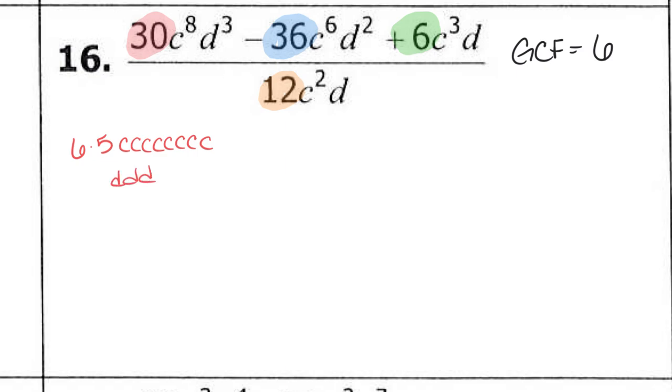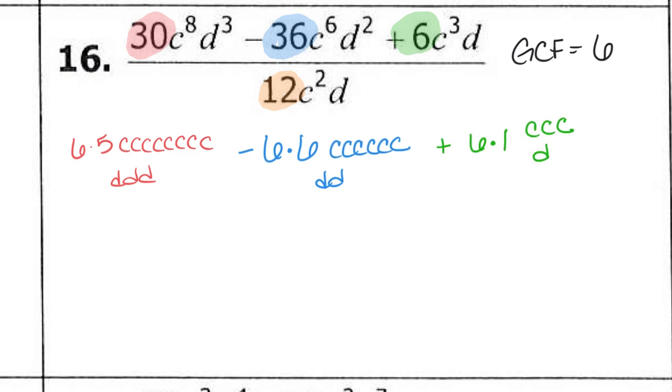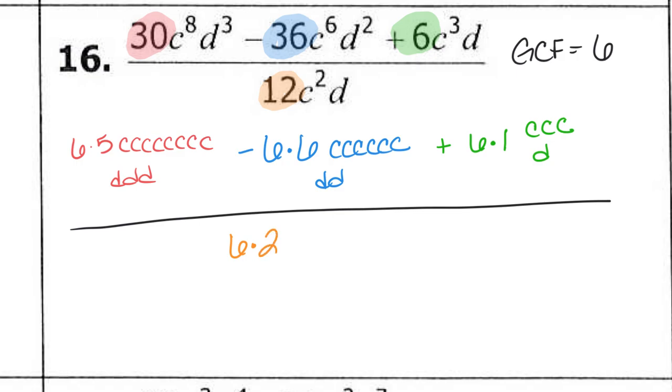Want to take away 36, which can be written as 6 times 6 with 6 C's and 2 D's. 6 can be written as 6 times 1 with 3 C's and a D. And we want to divide by 12, which is 6 times 2, with 2 C's and 1 D.